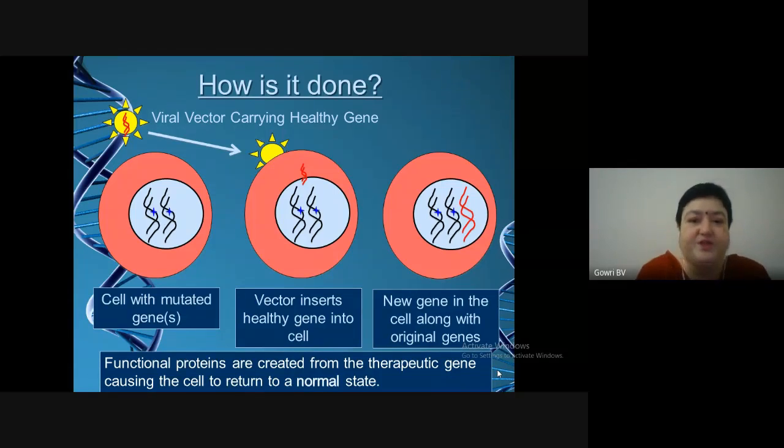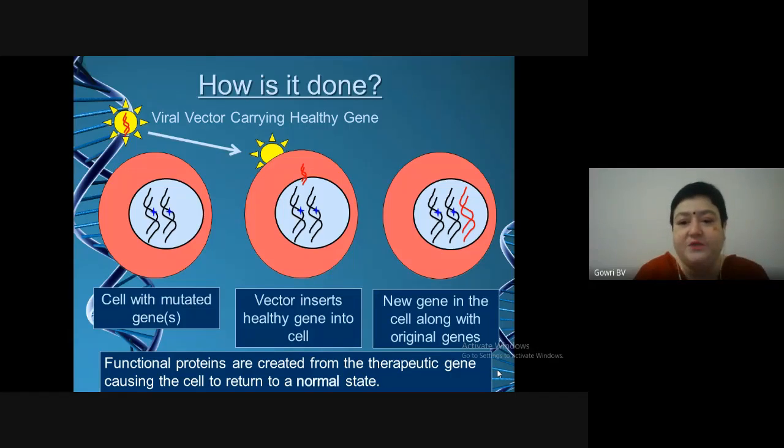In the middle picture, the viral vector is transfected or attached to the cell so that the healthy counterpart, the healthy gene, is inserted inside the cell. So in the second picture from the left, the vector inserts the healthy gene into the cell. If you look into the picture, you have a red double-stranded DNA molecule from the viral vector being inserted in the cell which has a mutated gene.